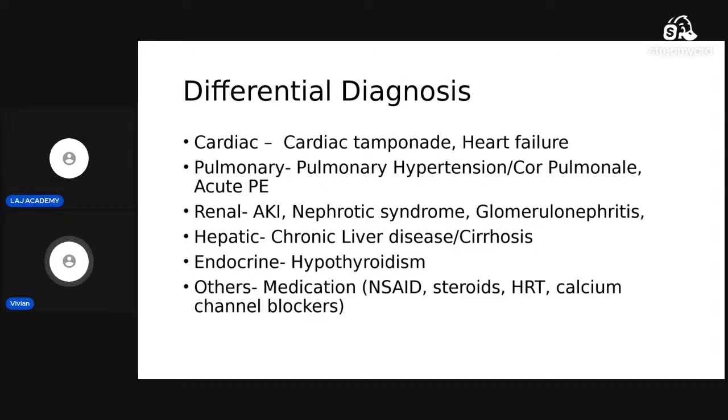And there are other things that could cause fluid retention, the medication, if she's on NSAIDs or steroids, or calcium channel blockers, or some other antihypertensives. And again, she's 55 years old. I didn't include this here, but she could be on hormonal replacement therapy, which would also cause fluid retention.